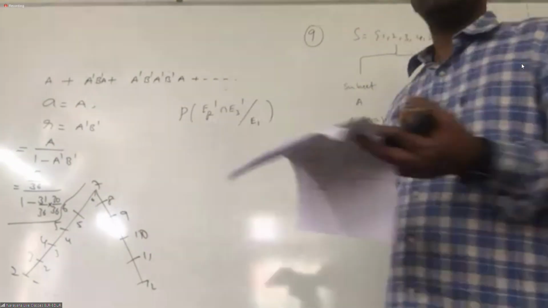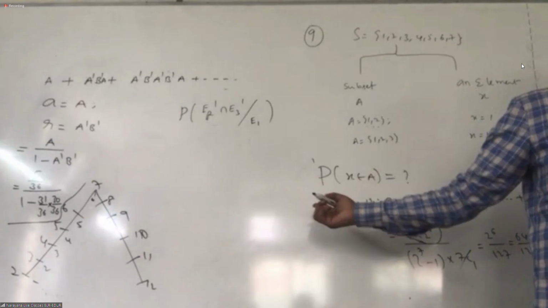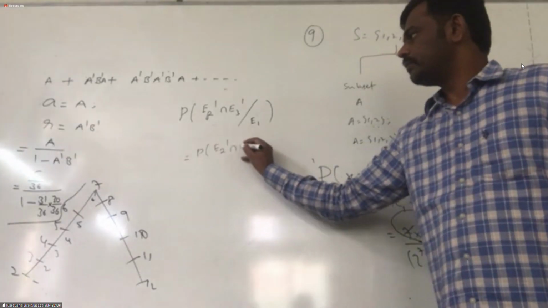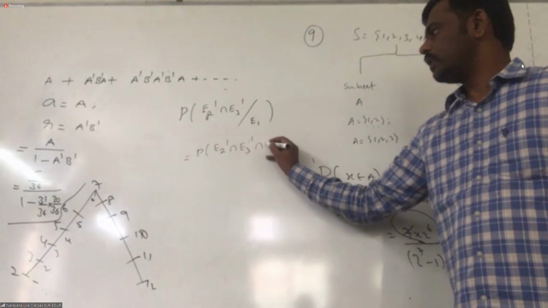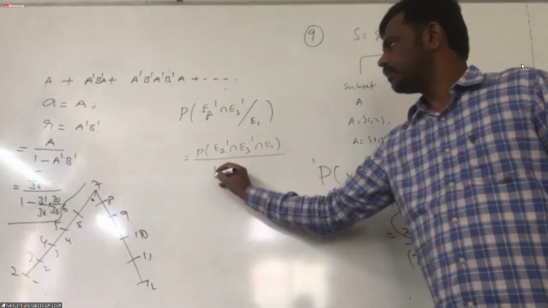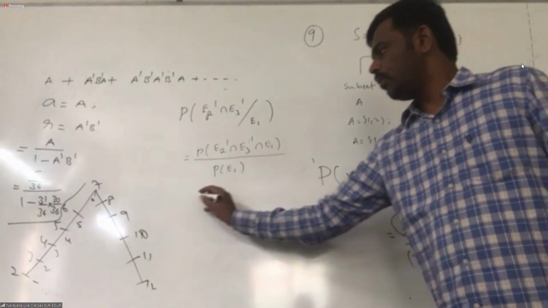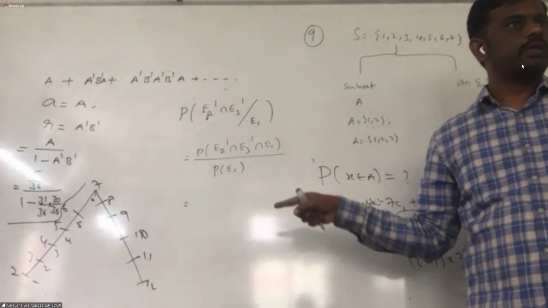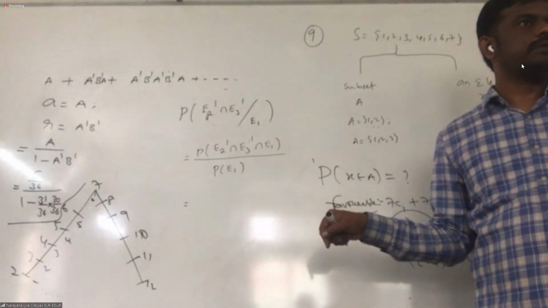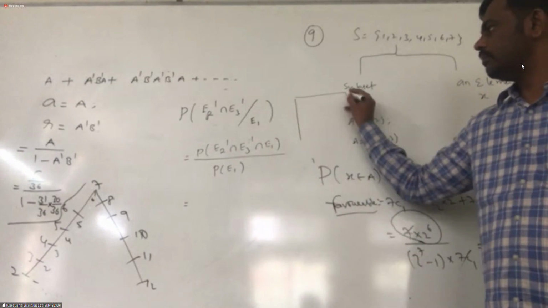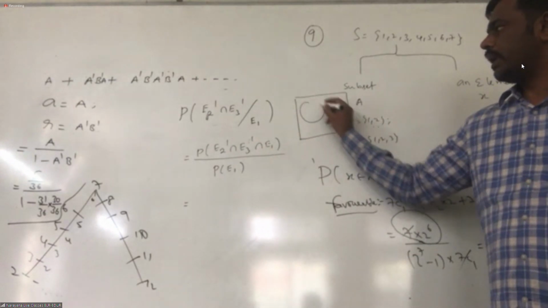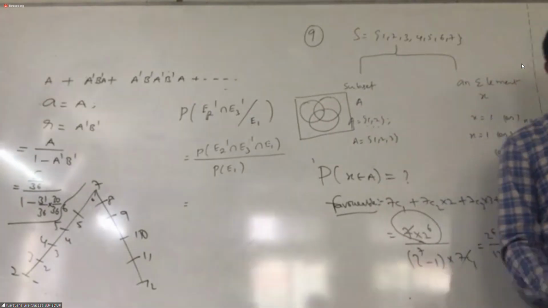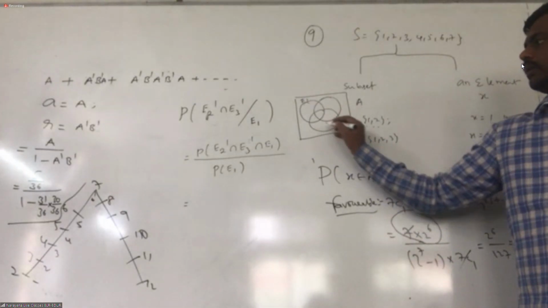It's like P of A given B. What is the P of A given B? P of A intersection B divided by P of B. Here there is no E3, only E1. Got it? If I draw the Venn diagram you can understand better, or directly also you can do. You don't want E2.